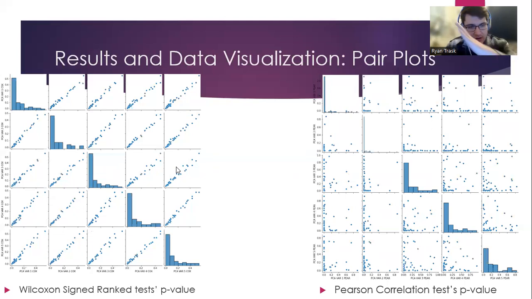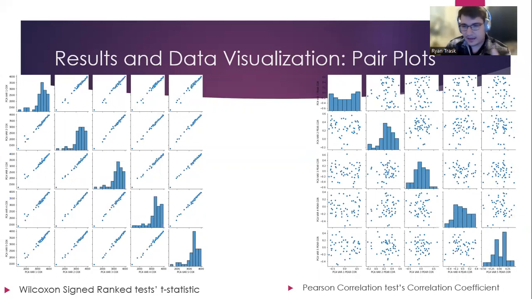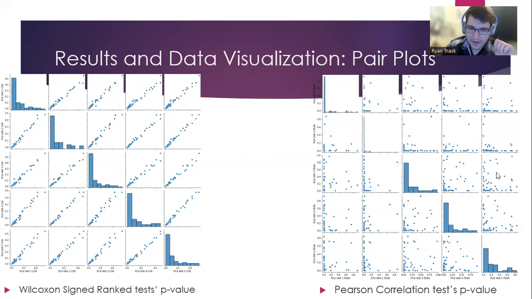We see a strong positive correlation like before, good. But for the Pearson correlation, not so much. It looks like a scatter plot almost. That means no relationship. That's not so good. That's a problem, and we'll see more on the raw data down the road. For the Wilcoxon test, the correlation coefficient and the p-values, it holds true.